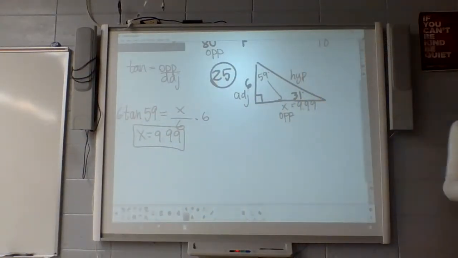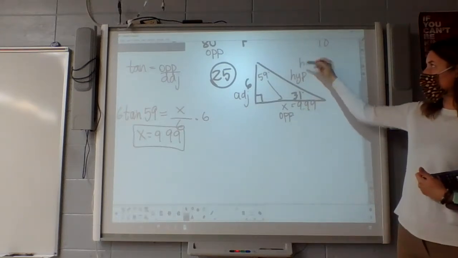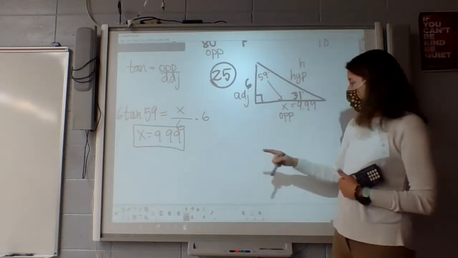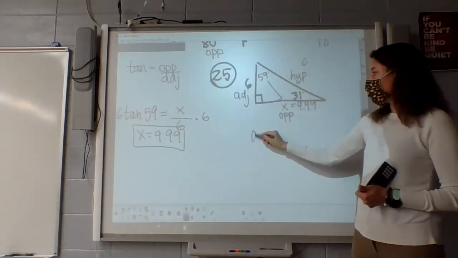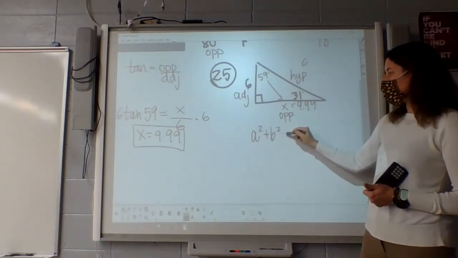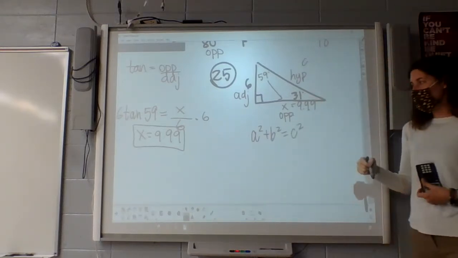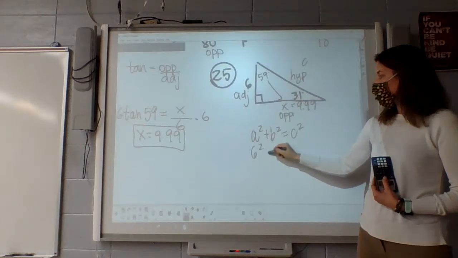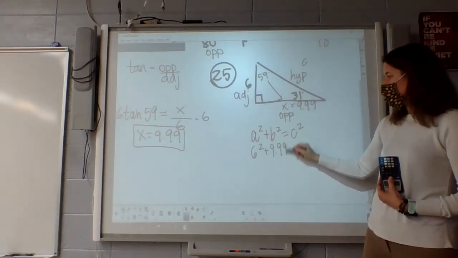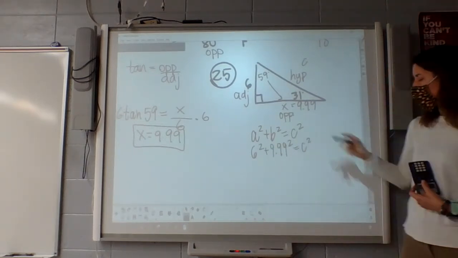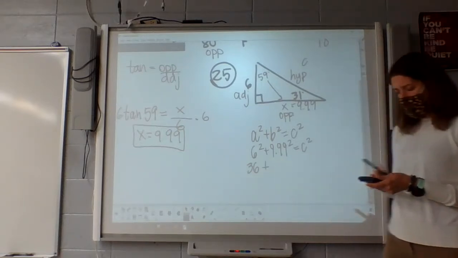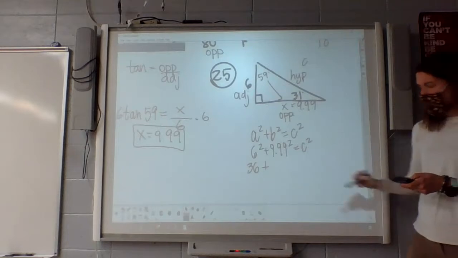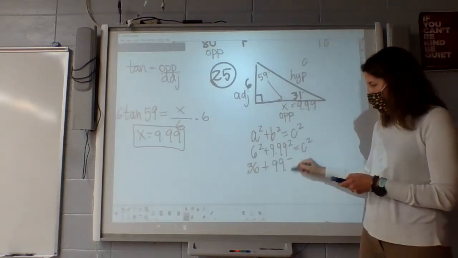Now, they want to know the perimeter, so that means we also have to find this hypotenuse, or the c. Let's change that to c. So I'm going to do a squared plus b squared equals c squared to find that c. So I have 36 plus 9.9 squared, which is about 99.7.